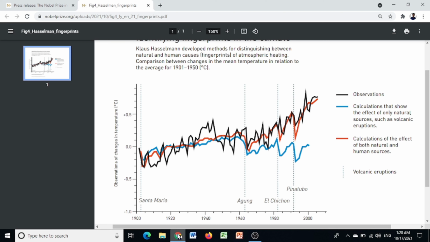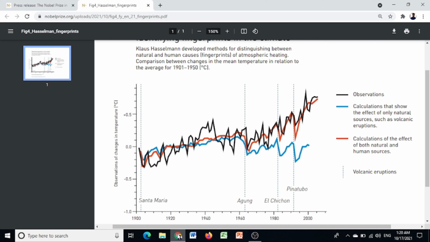Once the model for climate variation was finished, Hasselmann developed methods for identifying human impact on the climate system. He showed that changes in solar radiation, volcanic particles, or levels of greenhouse gases leave unique signals, fingerprints, which can be separated out. These methods for identifying fingerprints can also be applied to the effect that humans have on the climate.